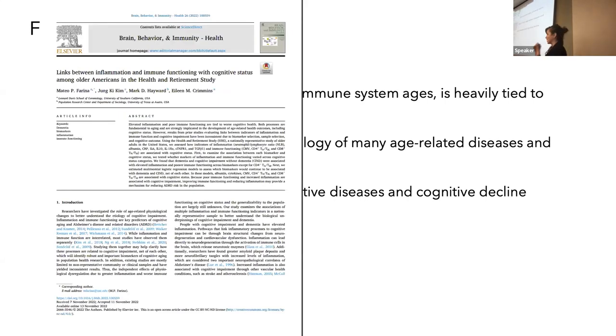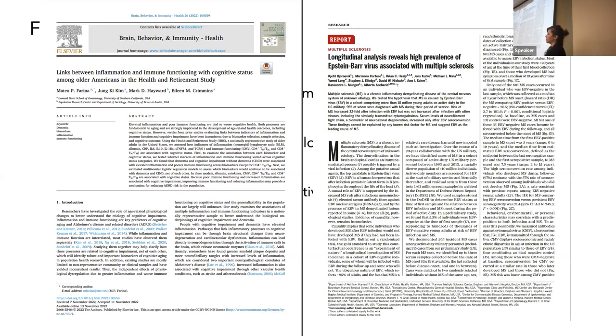There's a paper by Matteo right over here, a beautiful paper that talks about all the different links between inflammation and immune functioning with cognitive status. So we know that the immune system matters. There's also a really beautifully elegant epidemiologic paper on the link between Epstein-Barr virus and multiple sclerosis, causally linking those two, which has been a game changer in the last few years.